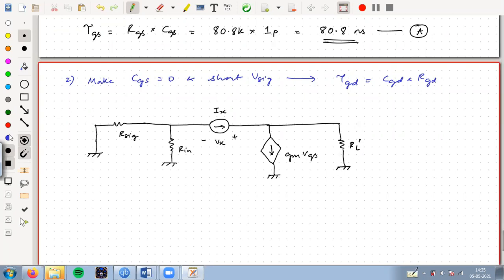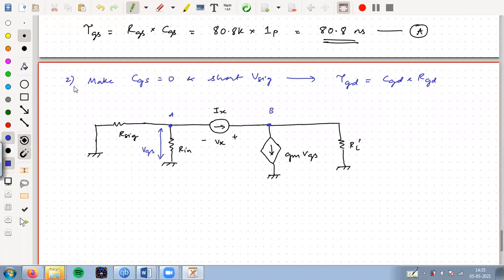The voltage across this is actually VGS. This point I'll call A, and this I'll call B. Why I call them A and B is because now I have to do nodal analysis.